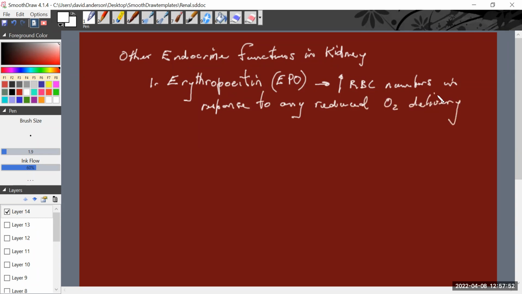So in other words, it could be reduced oxygen delivery because you've got a poor air supply, could be reduced oxygen delivery because you've got abnormal red blood cells, could be poor oxygen delivery because there's something blocking the cells themselves from receiving it. In any case, all of those scenarios, the kidneys are going to be signaled to produce erythropoietin and increase the red blood cell numbers. It may not be the right answer, but that's going to be the response.